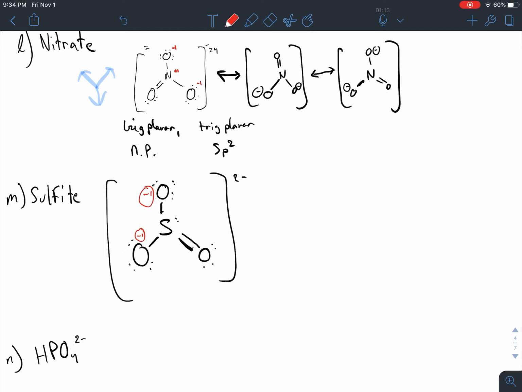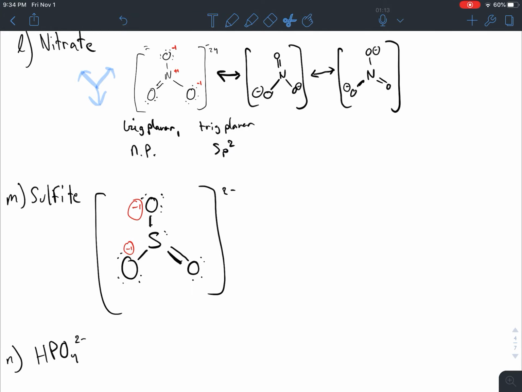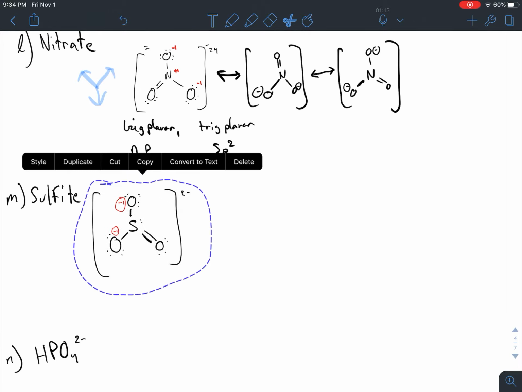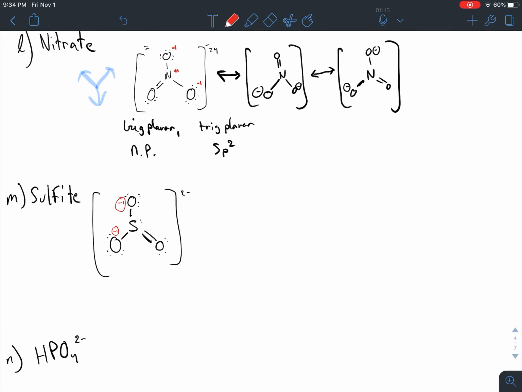Yeah, that's it. But this is not totally correct, because this does not correctly indicate that the negative charge on those 2 oxygens exists equally throughout all the oxygens. That's another word for resonance. So yes, you have to draw that resonance arrow.